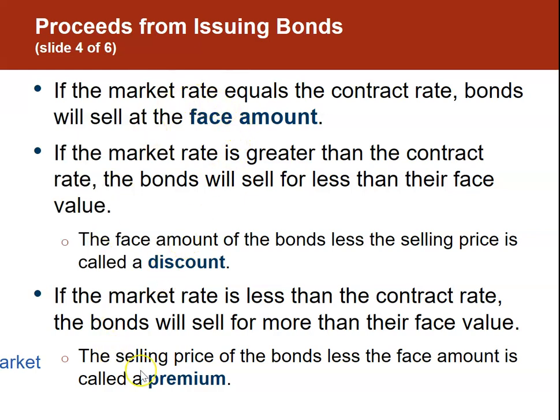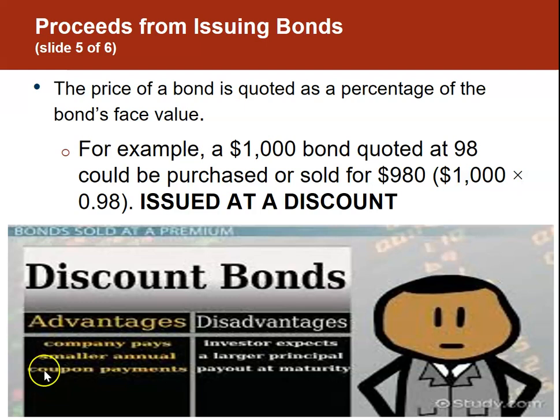But here we have, on the previous slide, we had kind of a diagram. On this slide, we have some text to basically describe the exact same things that we talked about on the previous slide. Okay? So a little bit of terminology here. It says, again, under proceeds from issuing bonds, the price of a bond is quoted as a percentage of the bond's face value.